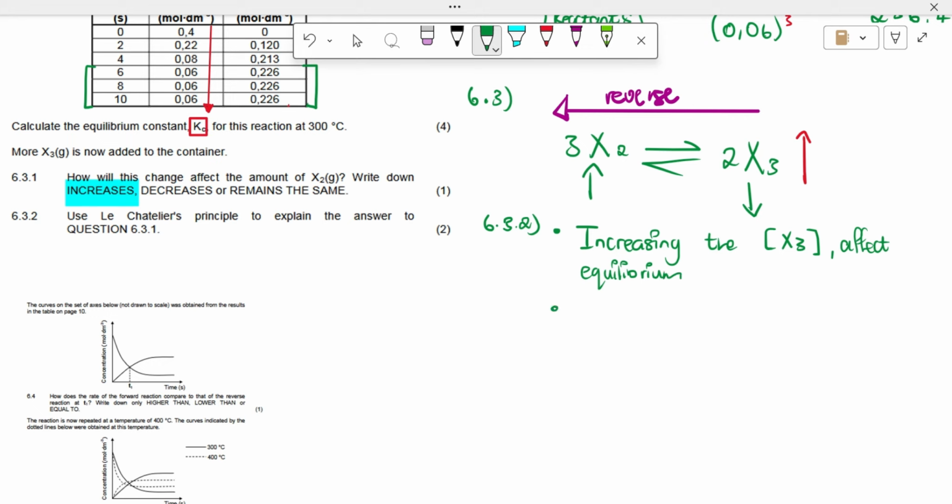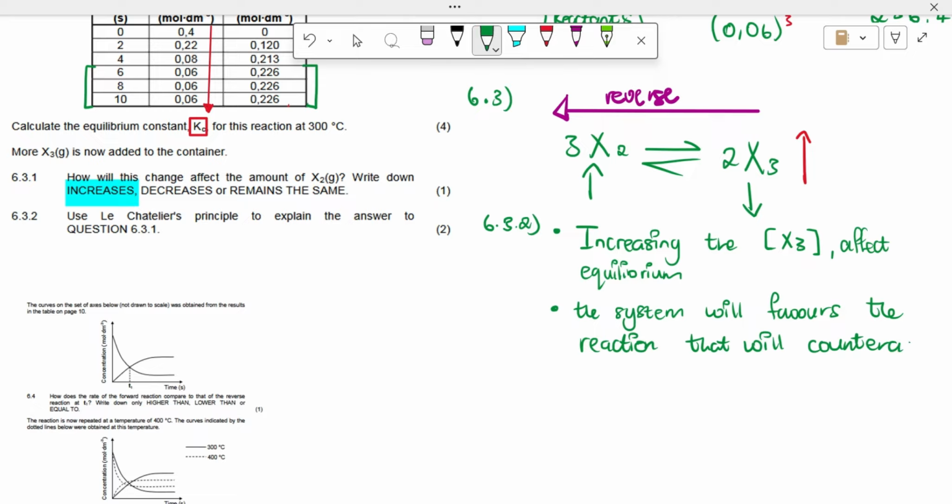We don't have to add this first point though. So the system will favor the reaction that will counteract the disturbance.